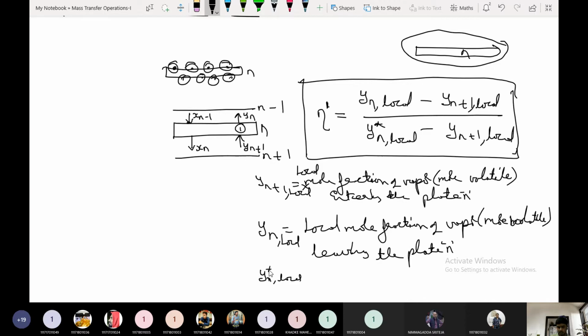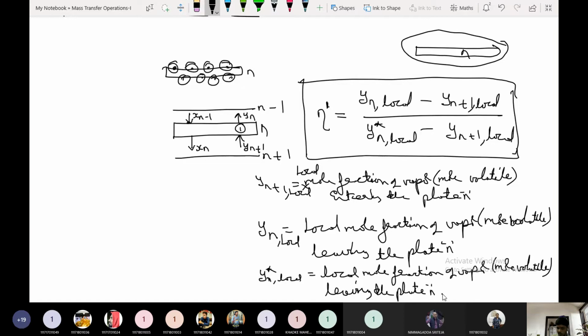Local mole fraction or a point mole fraction or a single location mole fraction of vapor, particularly for the more volatile component, leaving the plate n under equilibrium conditions.